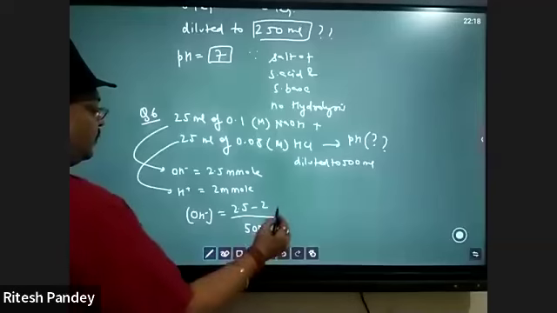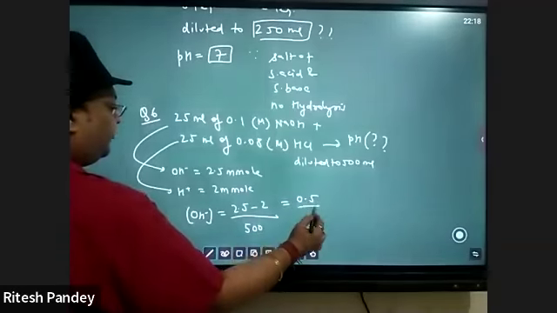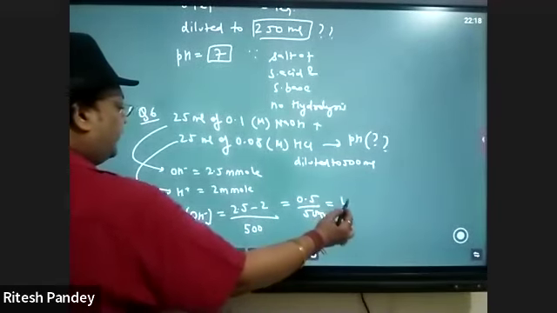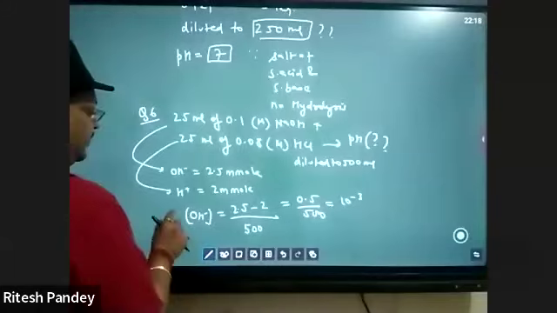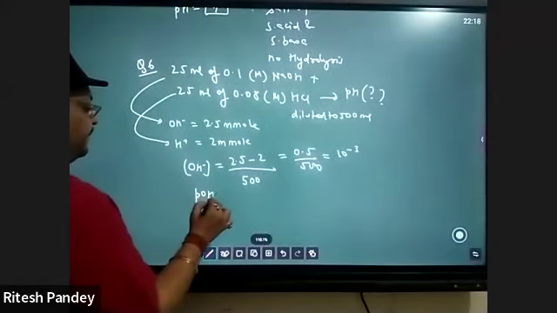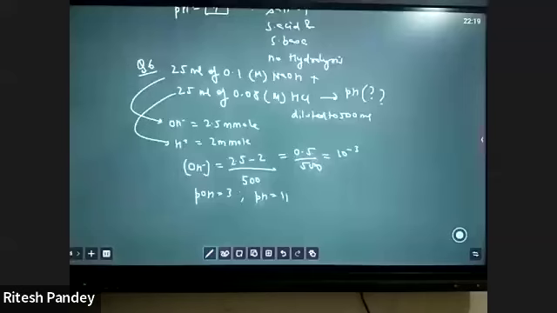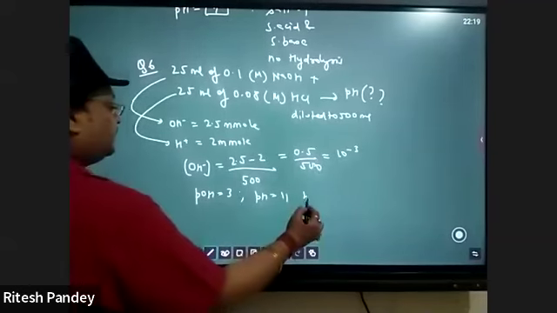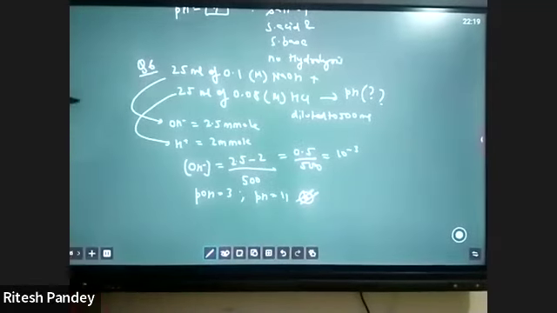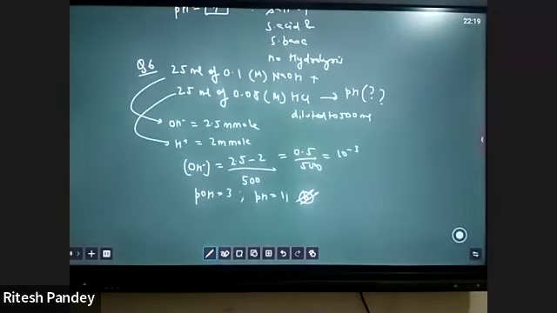So 500 is what I need to write. And 0.5 by 500 would be 10 to the power minus 3, which will naturally give me pOH equal to 3 and pH equal to 11. That's option B, I reckon. That's the right answer here. We'll want to move on.